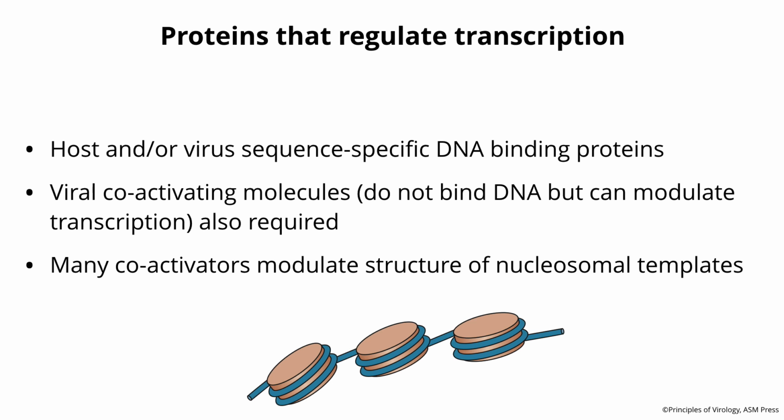Many of these co-activators alter the structure of nucleosomal templates. Now, as you know, our DNA is very compact in the nucleus, and part of the structure is mediated by the wrapping of DNA over histones, which is shown schematically here. Each of these pink structures is a core histone around which the DNA is wrapped.